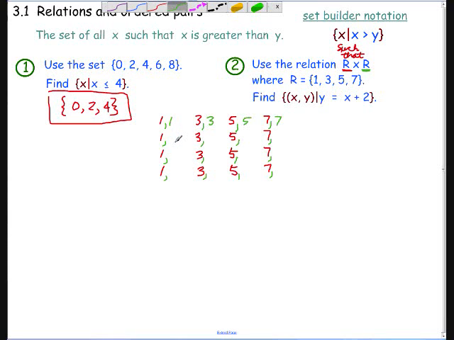Oh, I shouldn't have done it that way. Okay. 3, 5, 7. Now I'm going to have to search around. 5, 7, 1.